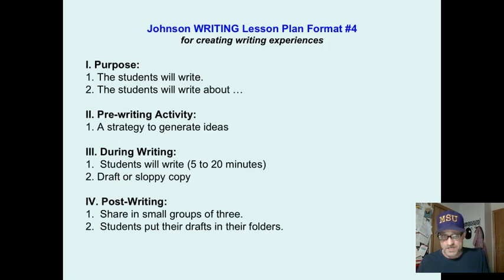The plan for creating writing experiences is based on process writing. Students will either write, that's when they choose their own topics, or students will write about, that's when you have a teacher directed, when you give a writing prompt. There's a pre-writing activity used to generate ideas, and I have some of these on my website.